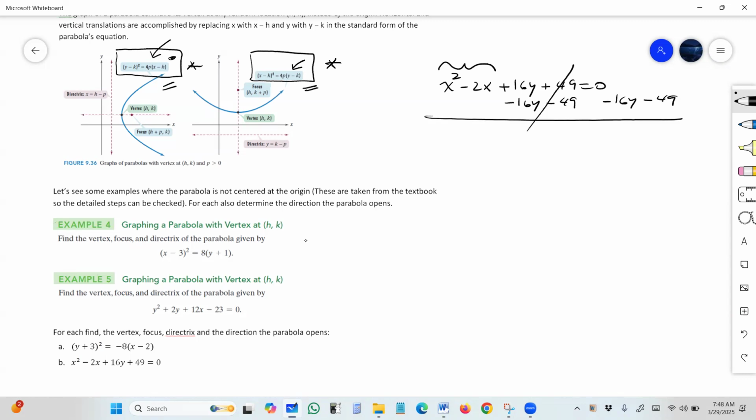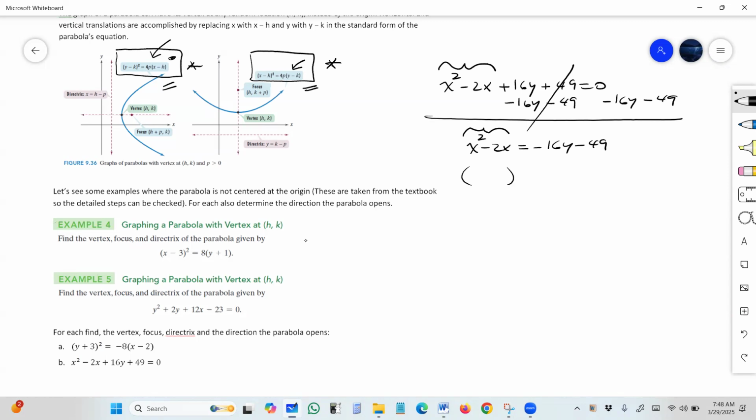All right, obviously here they cancel, and I am left with this. Minus 16y minus 49. And then I'm going to complete the square on the x or y squared component. In this case, x squared.